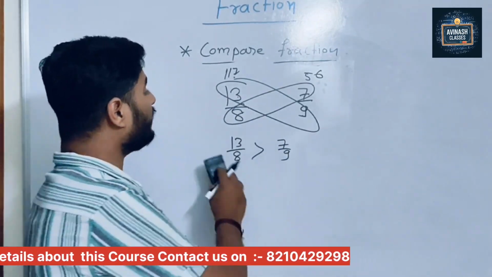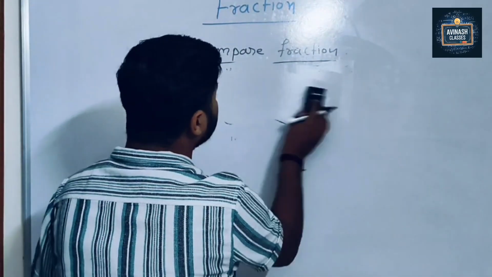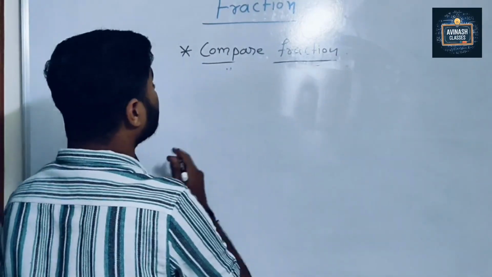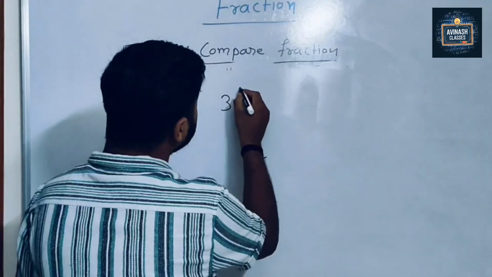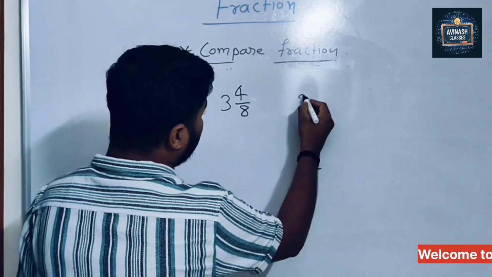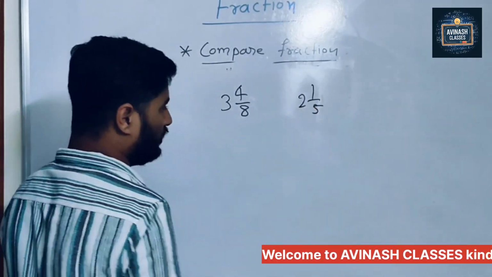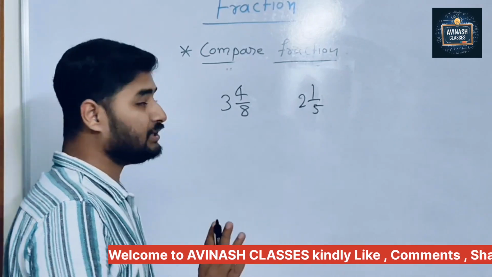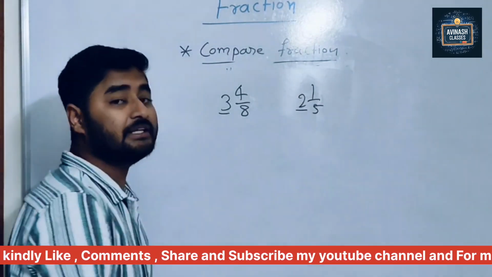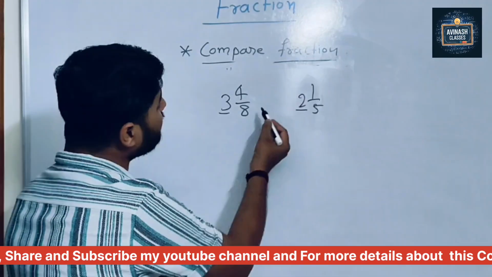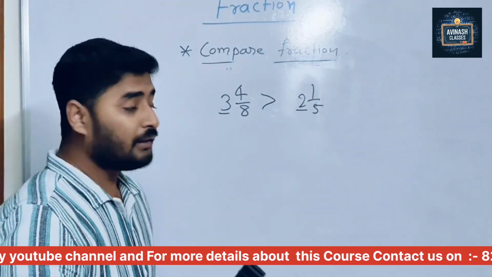One more time, we take mixed fraction. How do we compare the mixed fraction? Here 3 4 by 8 and 2 1 by 5. Now there are two scenarios. First we have to check the whole number. Here the whole number is 3, here the whole number is 2. So if the whole number is 3, it means this is greater. But sometimes what happens?